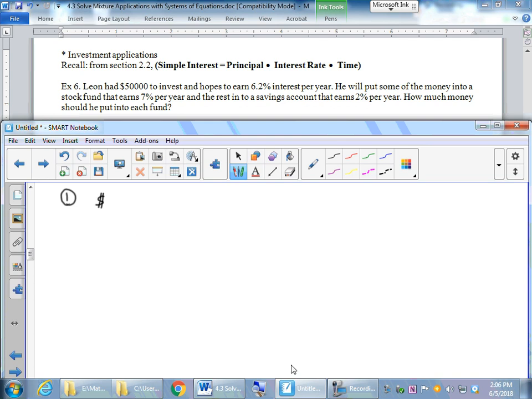So I should say the dollars invested in stock and dollars invested in savings. Let's make it short. So let that be X and let that be Y.